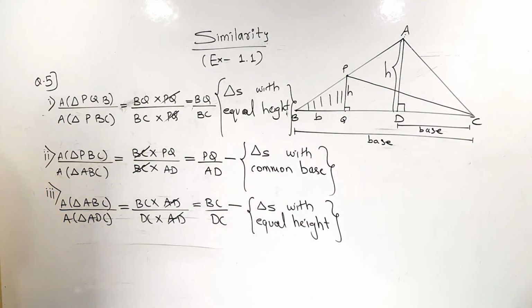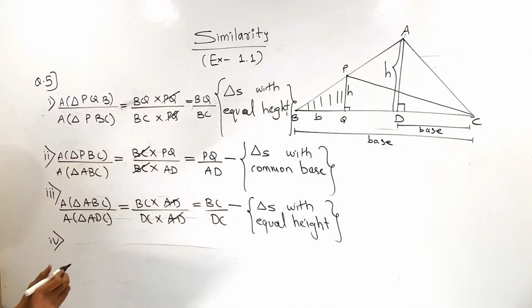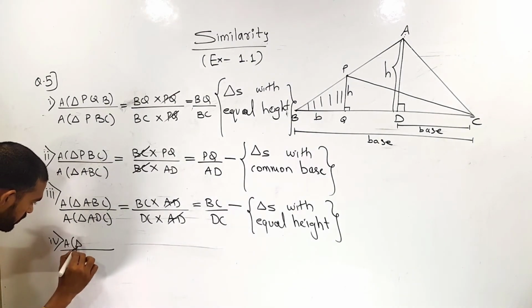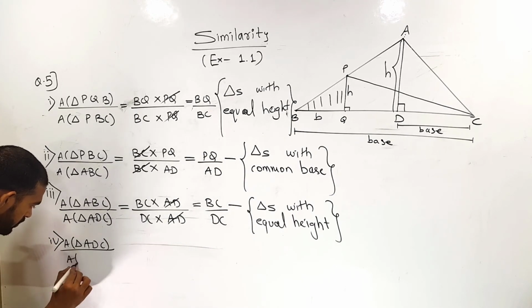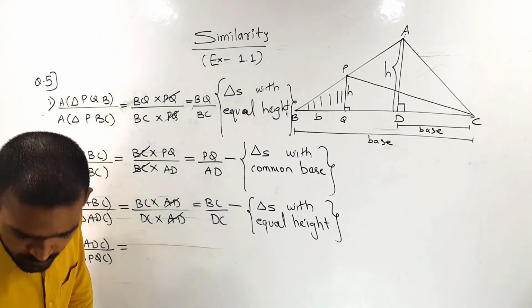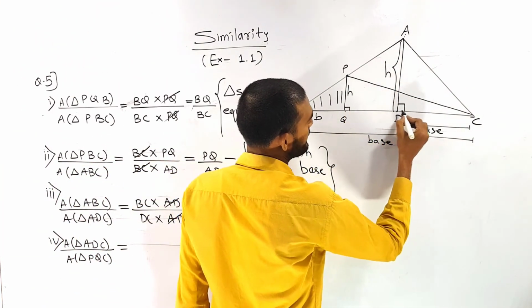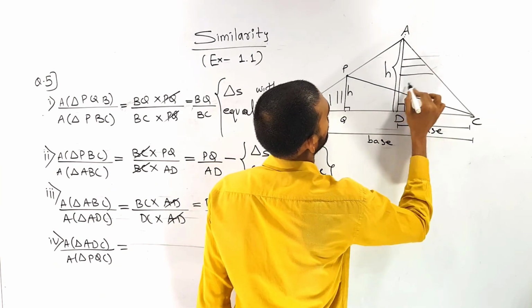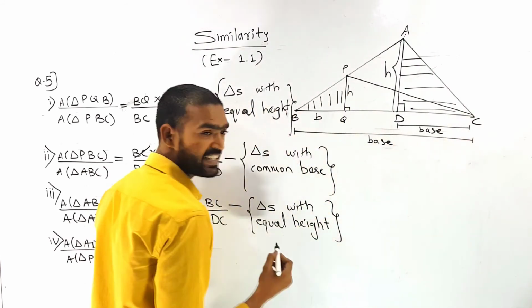So now we'll see the fourth sub-question, the final sub-question. Look here. The final question is triangle ADC upon triangle PQC is equal to. Now what is ADC? Let us check. In this triangle, what is my height? My height is AD and my base is DC.